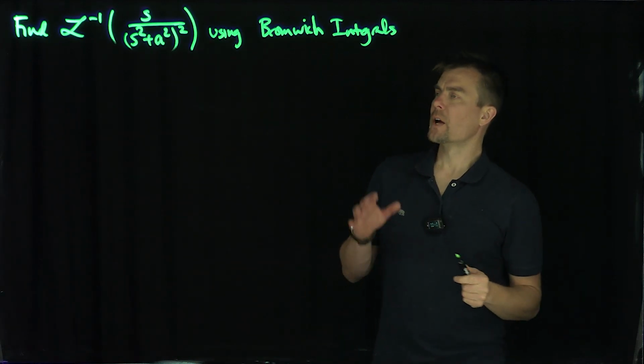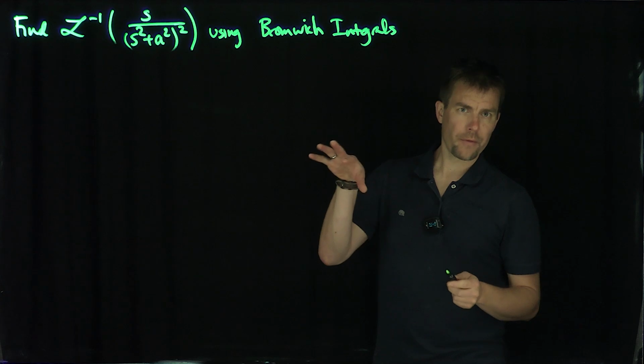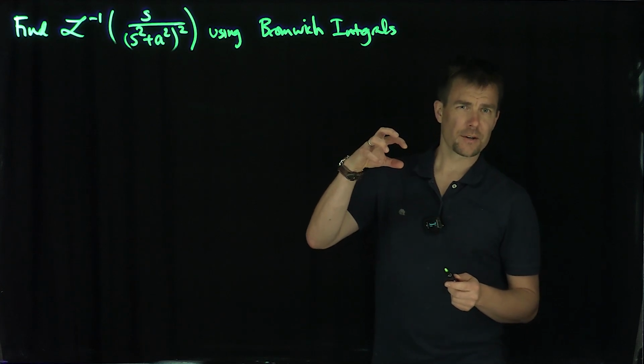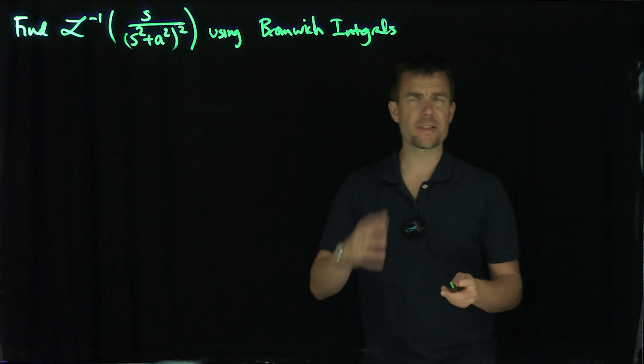Great. So of course, there are going to be two singularities here, and the cool thing is that you can see that one singularity is the conjugate of the other. Let's examine that idea first.